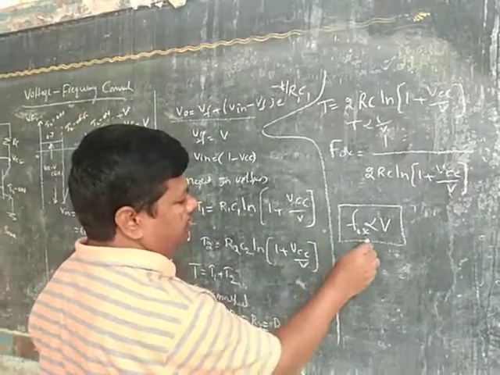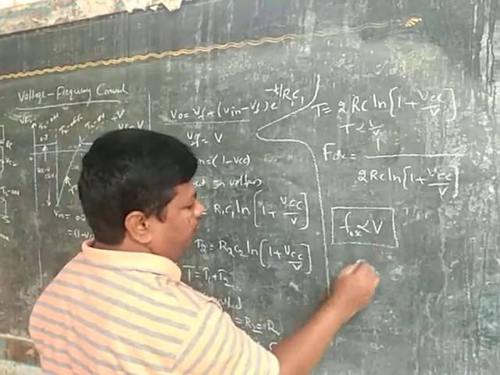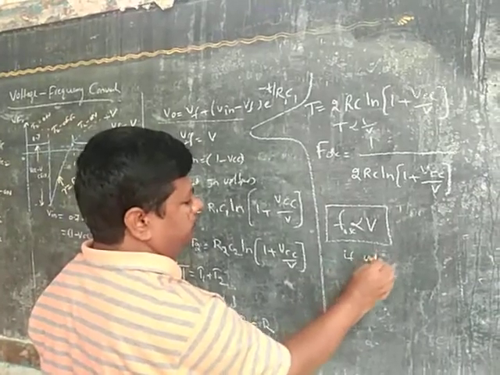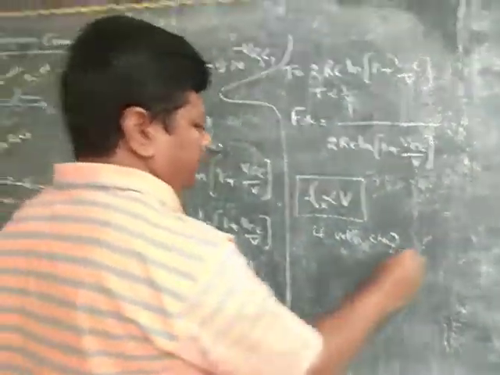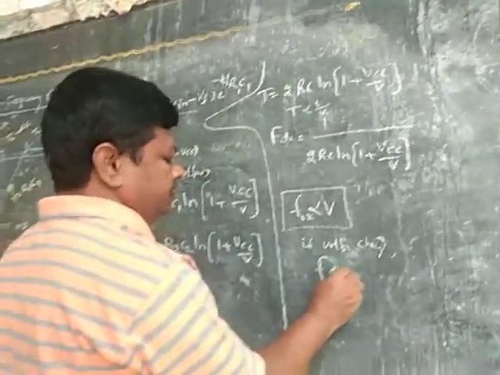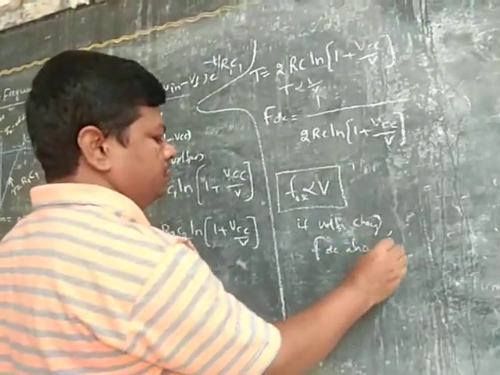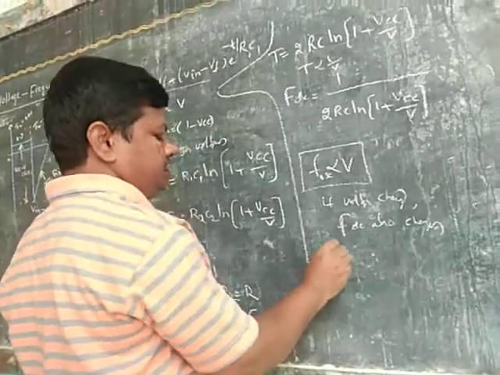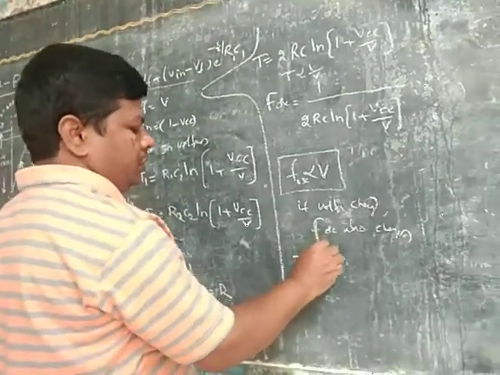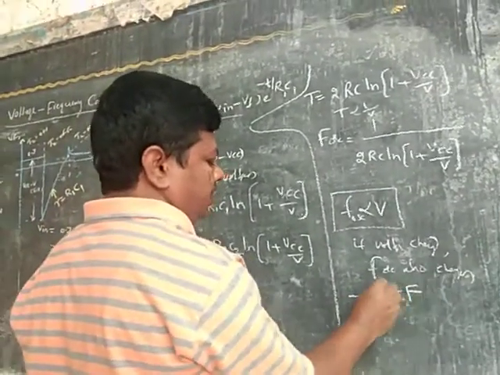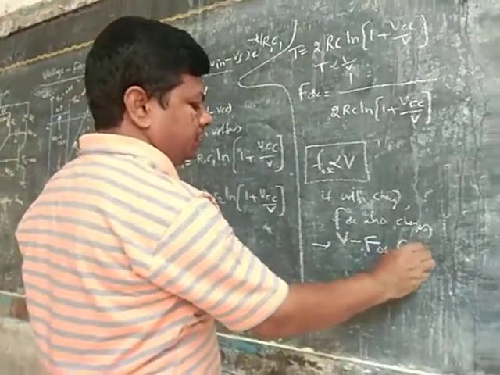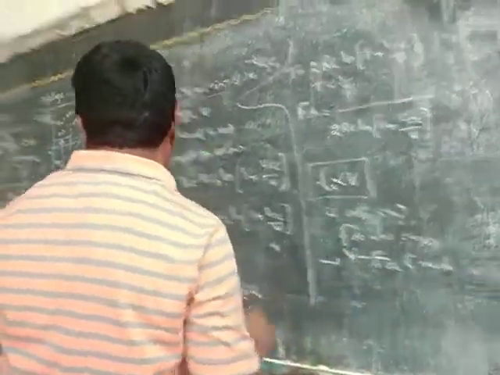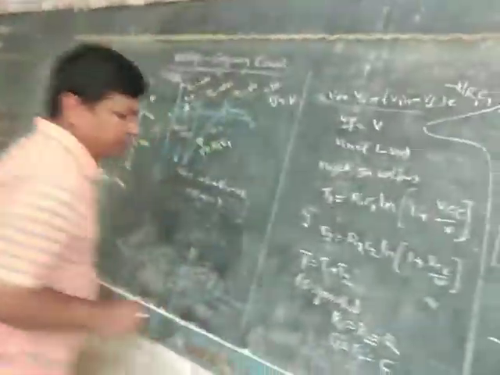So the conclusion is, if the voltage changes, F also changes. The frequency of oscillation also changes. That's why the circuit is also called the V to F, voltage to frequency converter circuit.